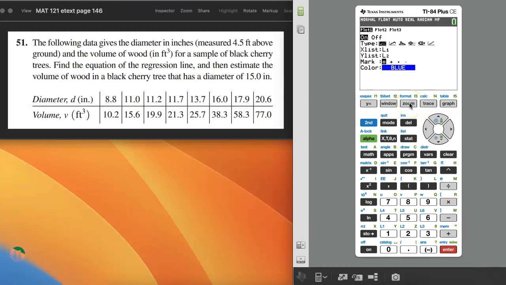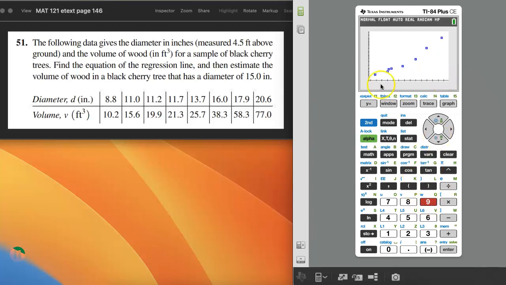After that, if you want to quickly change the window to match your points given to you in the problem, press Zoom and then number 9 for Zoom Stat. This tells me, it's just an overall picture, as diameter increases, volume increases, because my points are going up as I read the graph from left to right. And if I think back to sense making and my experience, that does make sense, that as the diameter increases, the volume would increase.